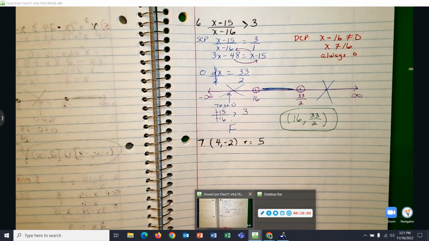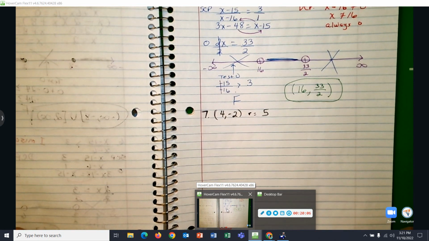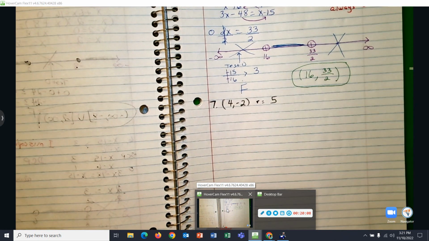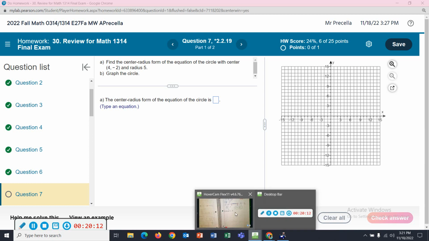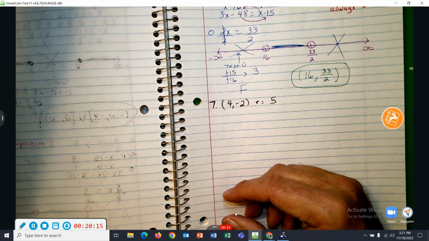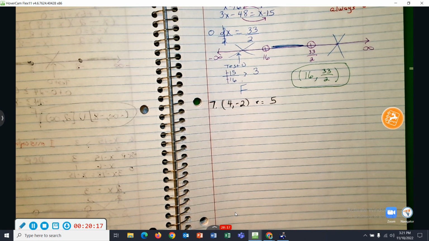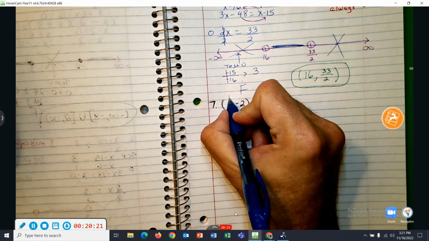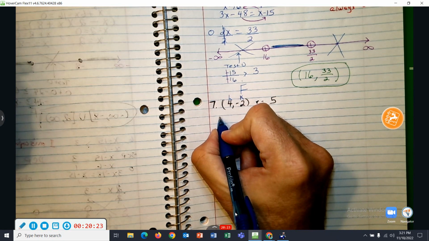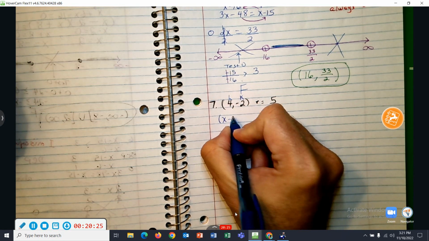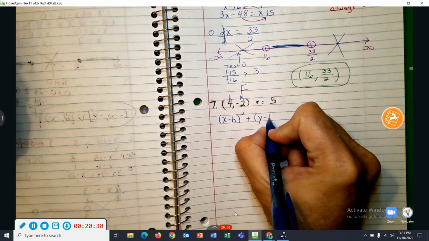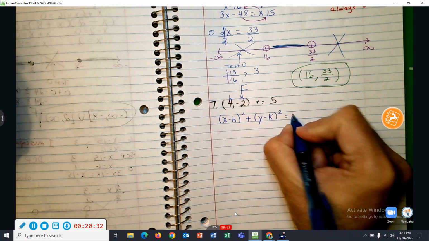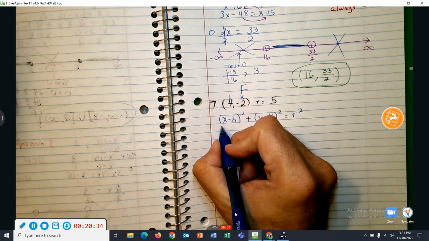To write the center radius form of the equation of a circle, you have to know that center, which we call h, k, and the radius. So the equation of a circle is x minus h squared plus y minus k squared equals r squared.